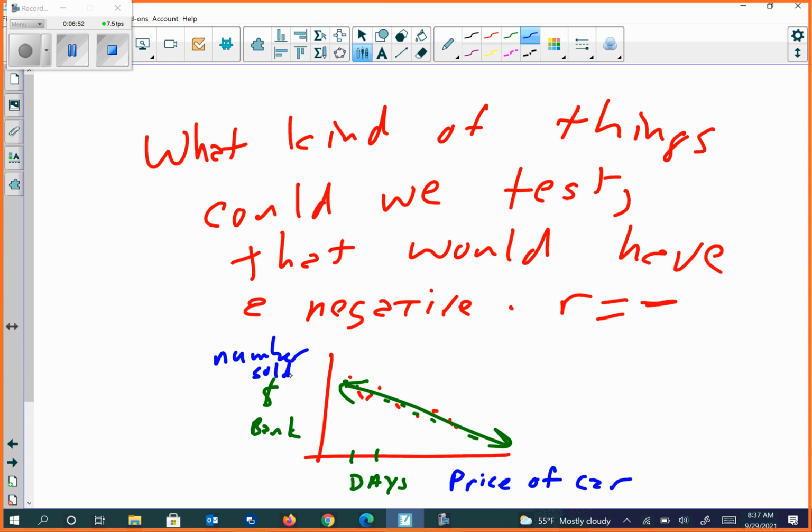So if you increase the price on something, then you might sell a lesser amount of that. So price of car, as the price goes up, the number of cars sold would go down. The lower price car, you sell more of them. The higher price car, you sell less of them. You price people out.